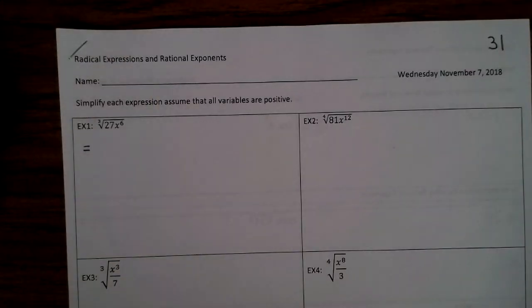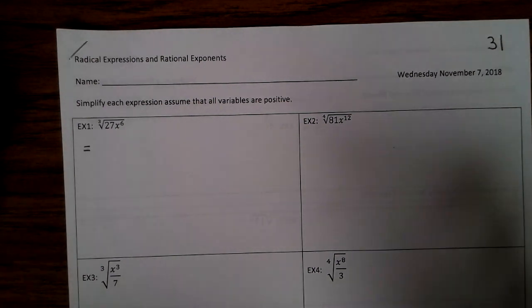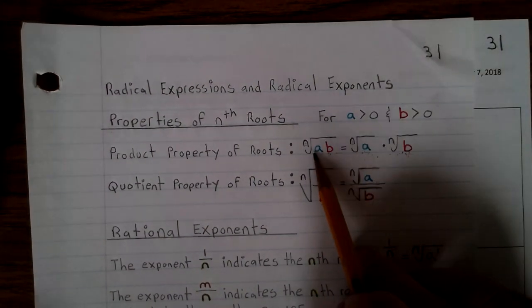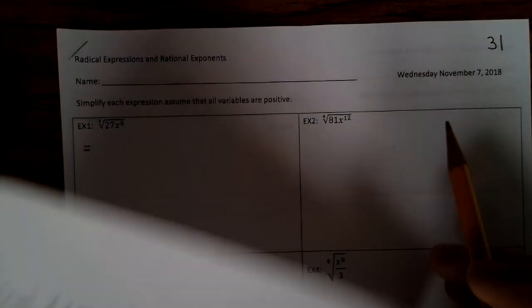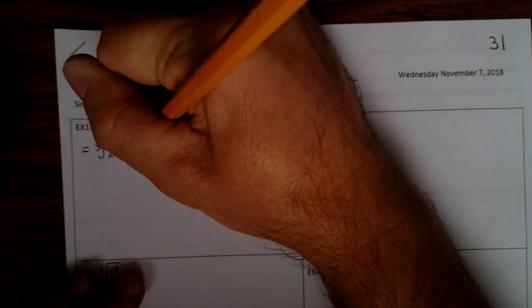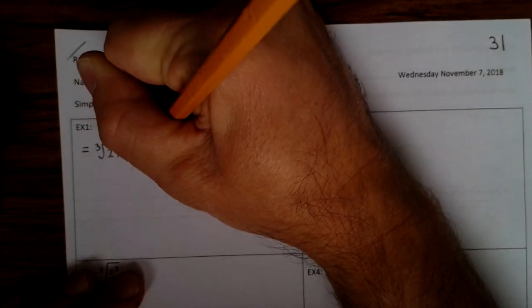Example 1 uses this property right here: the nth root of a times b is the nth root of a times the nth root of b. So this would be equal to the cube root of 27 times the cube root of x to the 6th power.